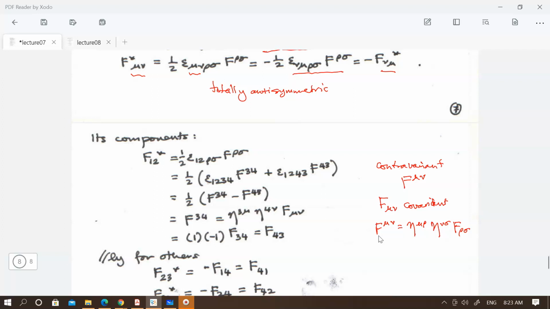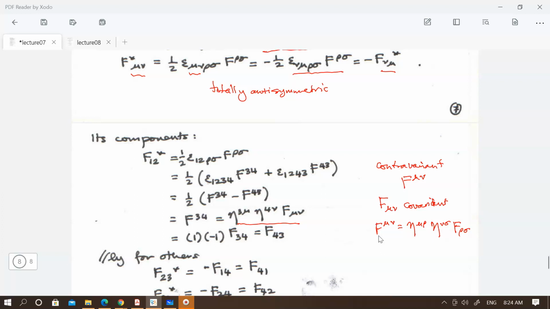Maybe you can do the exercise. But that tells us that your F34 and F43 are minus of each other. So this can be combined into F34, and F34, as I said, is actually just that. If you look at what is possible here, here is eta 3 mu, which means the only non-zero case is when mu equals 3, and here is eta for nu, so the only possible value for nu in the non-zero case is when nu equals 4.